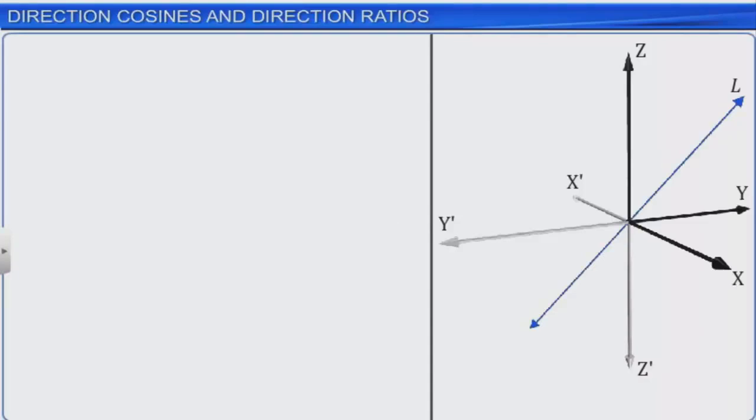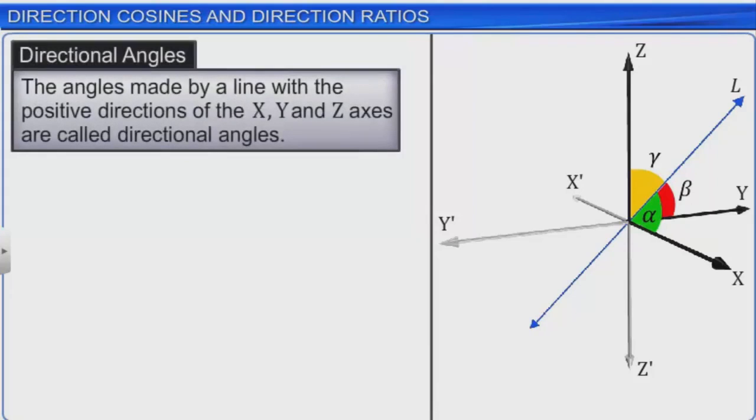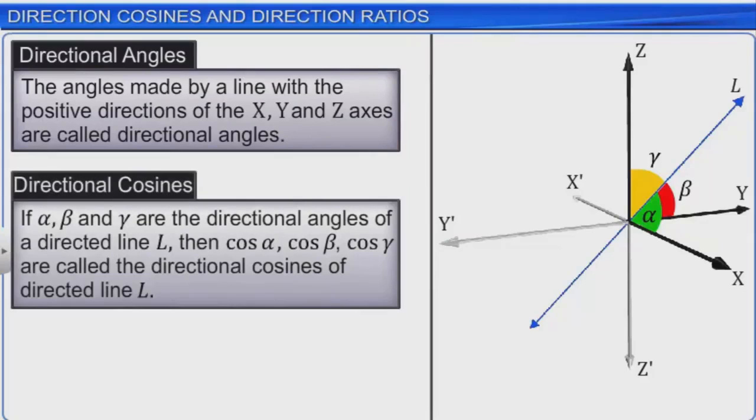You have learnt that if a line L passes through the origin in three-dimensional space, making angles alpha, beta, and gamma with the positive directions of the x, y, and z axis respectively, then the angles alpha, beta, and gamma are called directional angles of the directed line L. The cosines of the directional angles of a directed line are called its directional cosines.